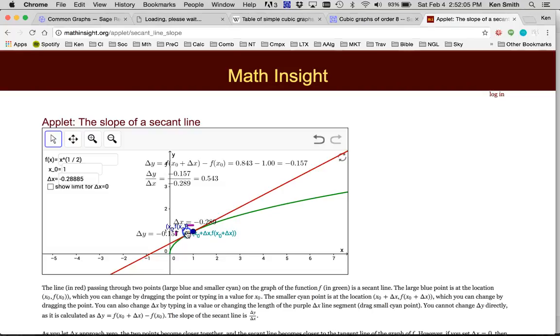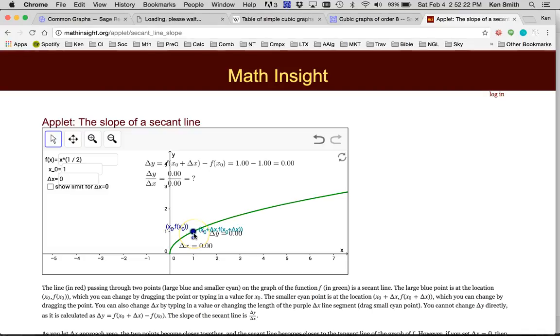It's getting closer and closer to 0.5, getting closer and closer until I hit, and it disappears in a moment. Looks to me then that the tangent line must have slope 0.5, or a half.